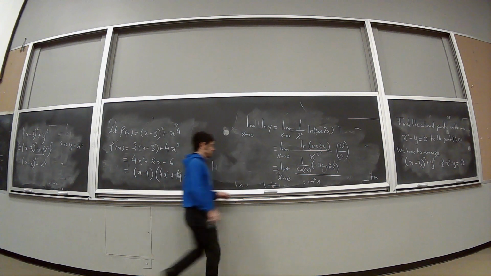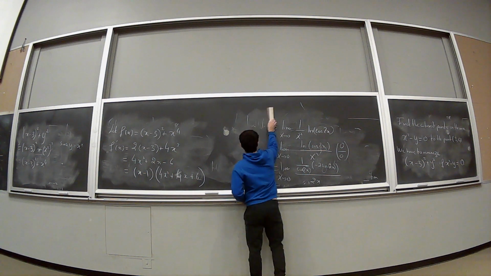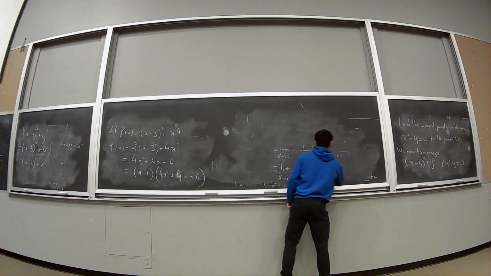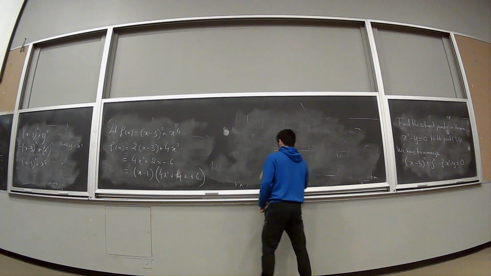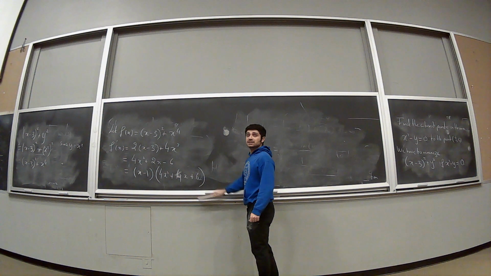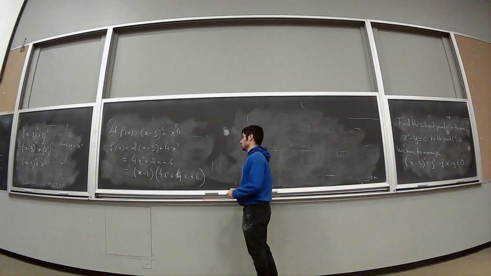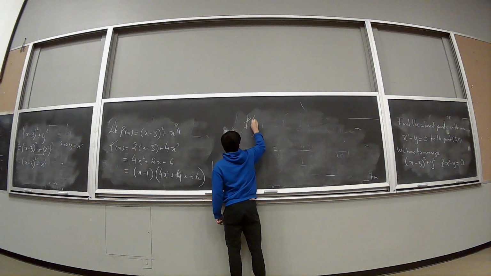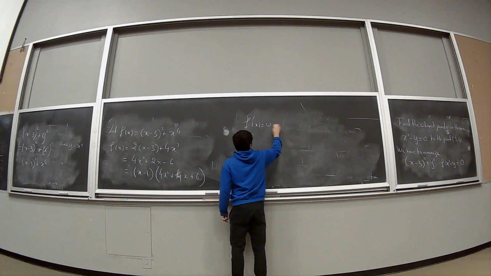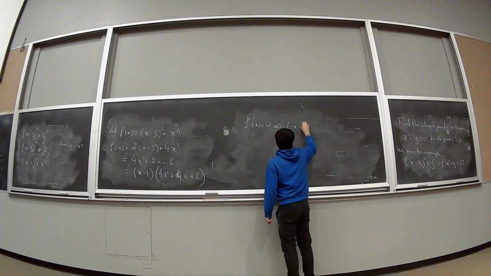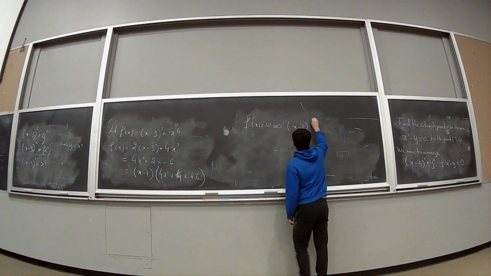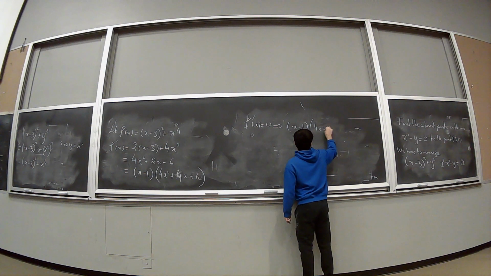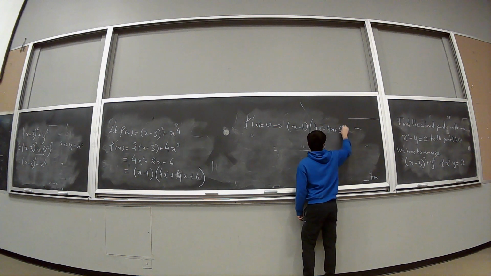Does 4x squared plus 4x plus 6 have any roots? No, right? Why is that? So f prime of x is equal to 0 implies that x minus 1 times 4x squared plus 4x plus 6 is equal to 0.